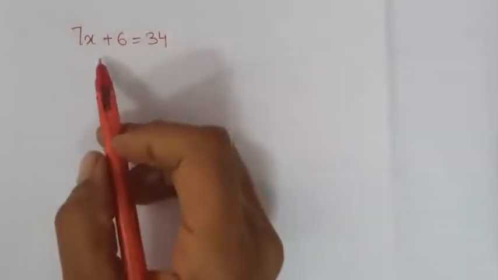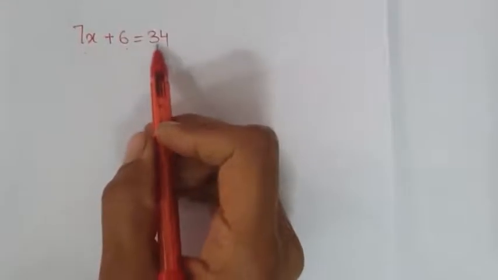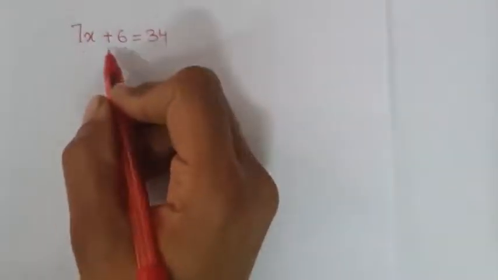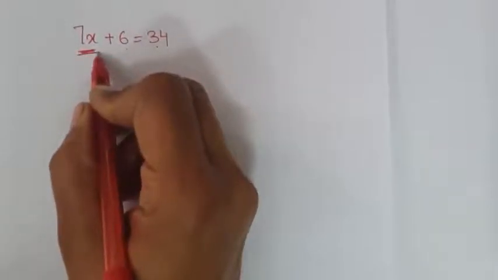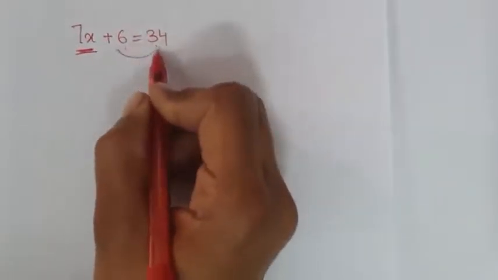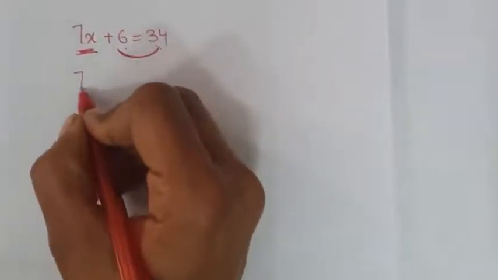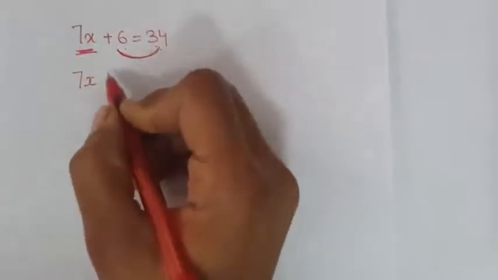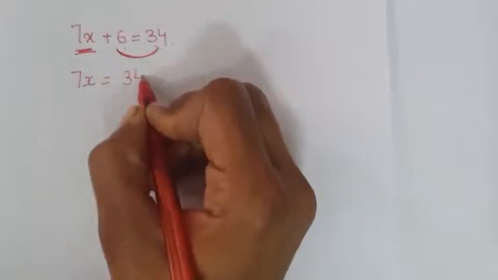Now children, let us discuss the next question, that is 7x plus 6 is equal to 34. Now see, this is the only term containing variable and these two terms are constant terms. So I am going to keep them on one side. 7x remains here. 6 I will shift to that side.